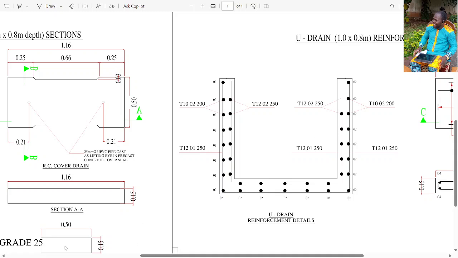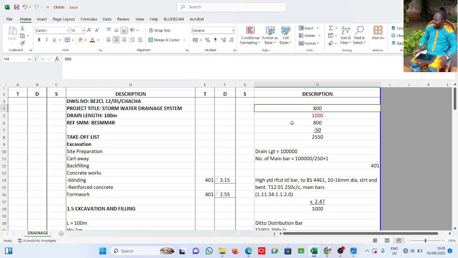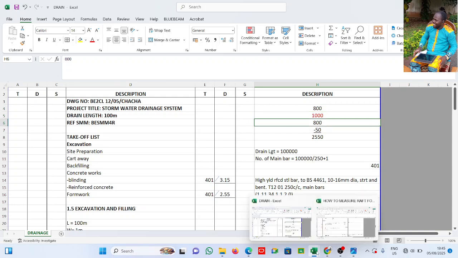We want to do for the one running inside. Of course, you can see here this is 800. This depth is 800. All right, so that's what we have here. This is 800, right? Now this is 1000 and another 800. This is what we did here.